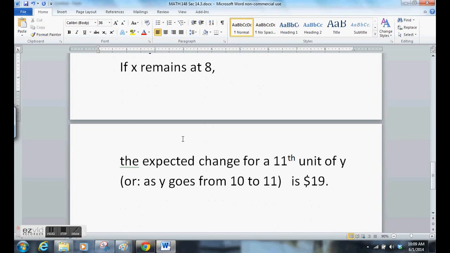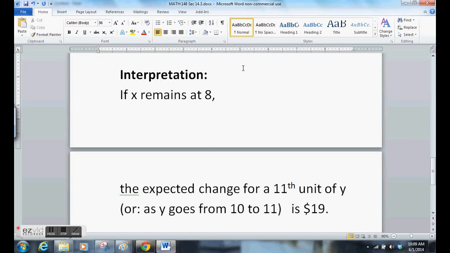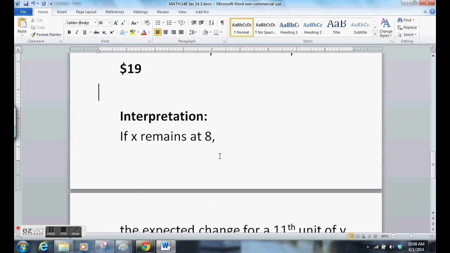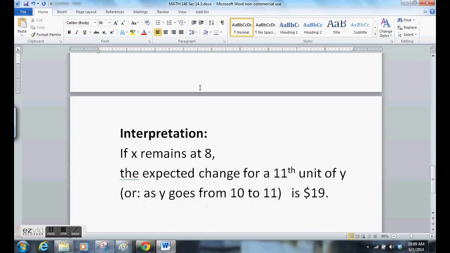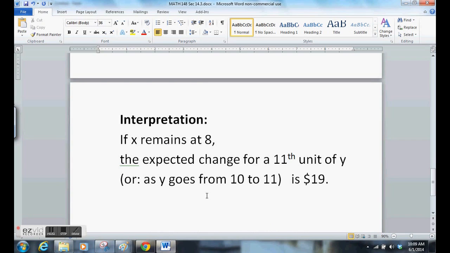So here's the interpretation, part B. If x remains at 8, the expected change for an 11th unit of y, or as y goes from 10 to 11, is $19. And again, because we're doing an expected change of y, we say if x remains at 8. Here, I'm going to bump this down a bit. There. The interpretation: if x remains at 8, the expected change for an 11th unit of y, or as y goes from 10 to 11, is $19. This one goes up to 11.